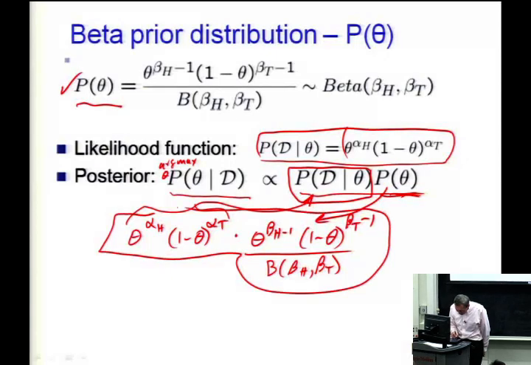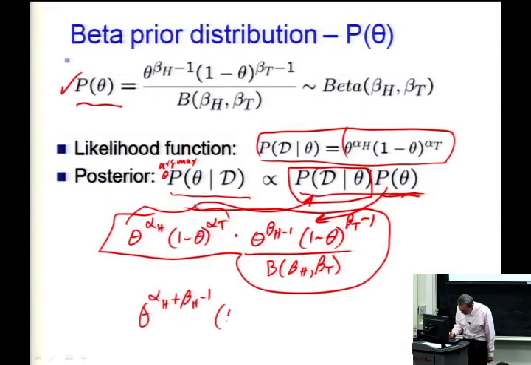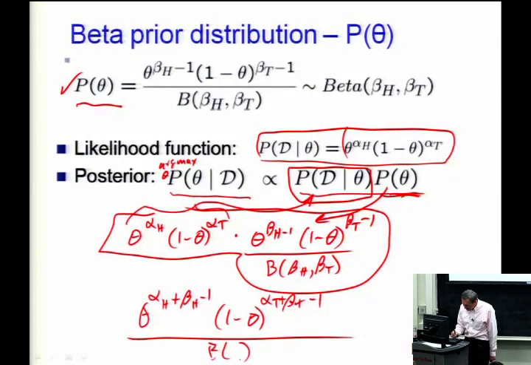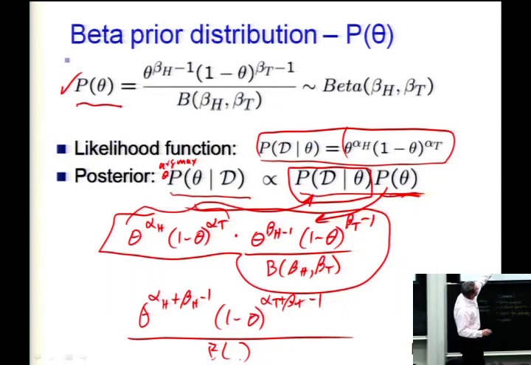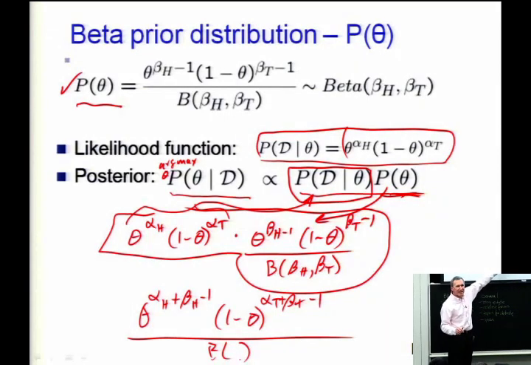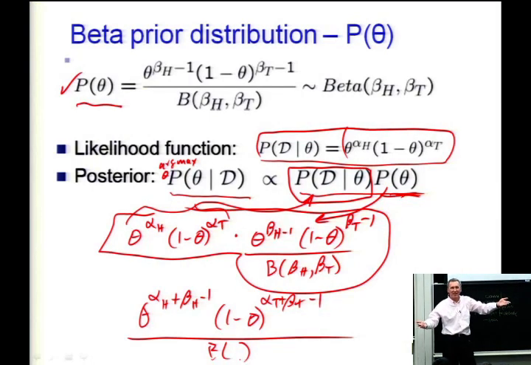But now that I've written it in this form, you see how beautiful it is that we use this beta prior? Because now I can just combine these exponents. Basically, what I've got is theta to the alpha h plus beta h minus 1 times 1 minus theta to the alpha tails plus beta tails minus 1, all over this normalization constant. So you see, when I go to maximize this with respect to theta, we've already done the arithmetic on that. This is just exactly the form of the expression we did our argmax on when we did our maximum likelihood estimate, remember?